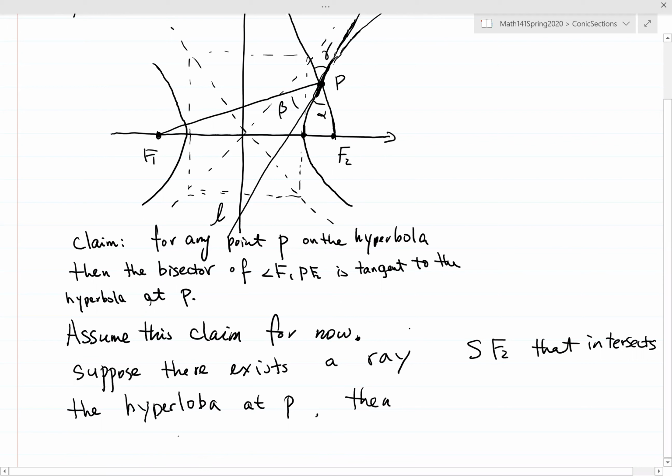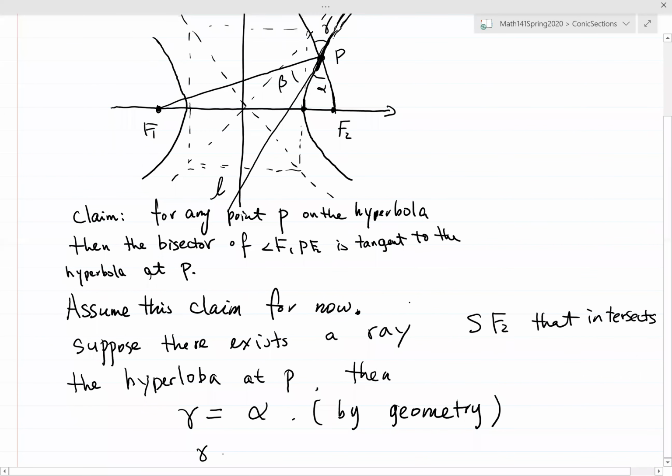By the geometric construction, gamma equals alpha, since they are opposite angles. So gamma equals beta. This is the reflection law.